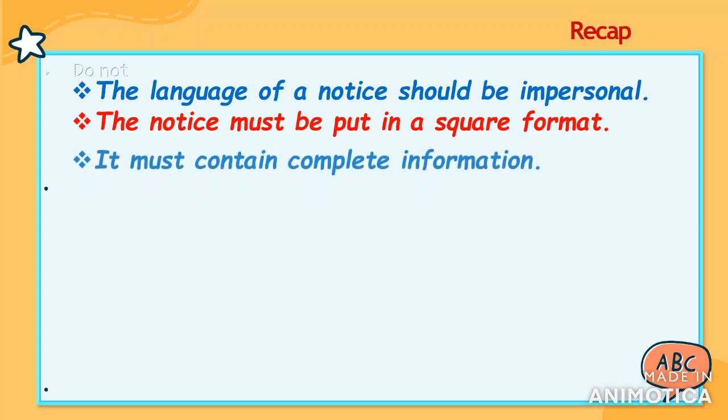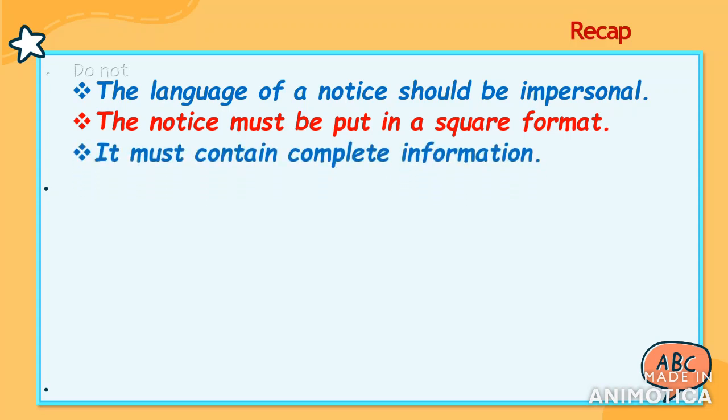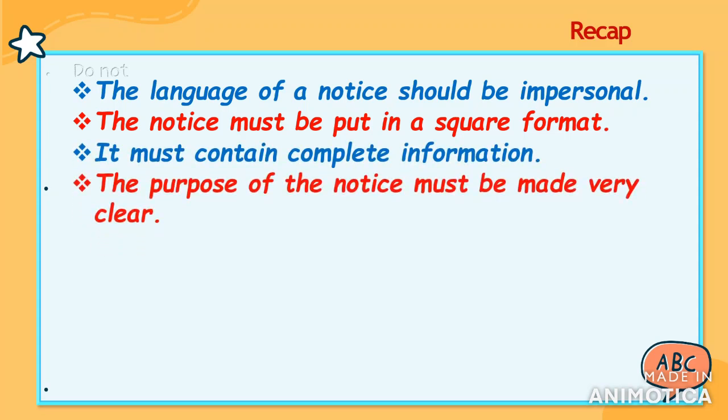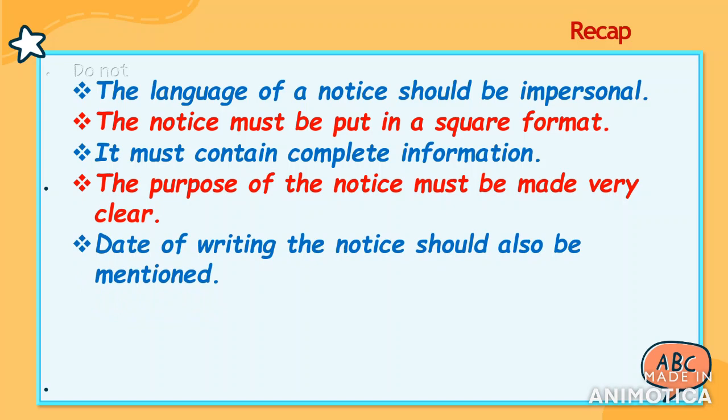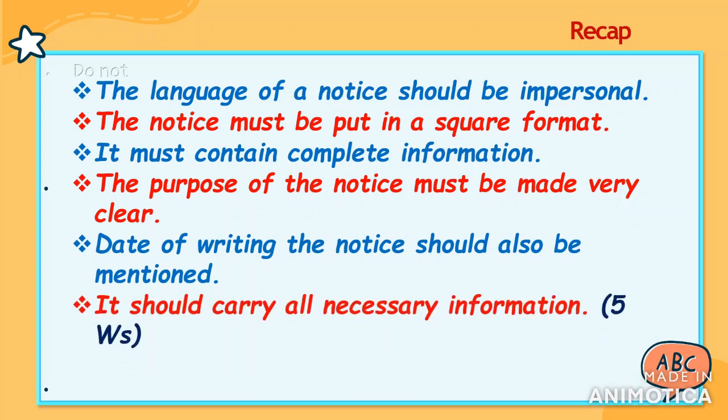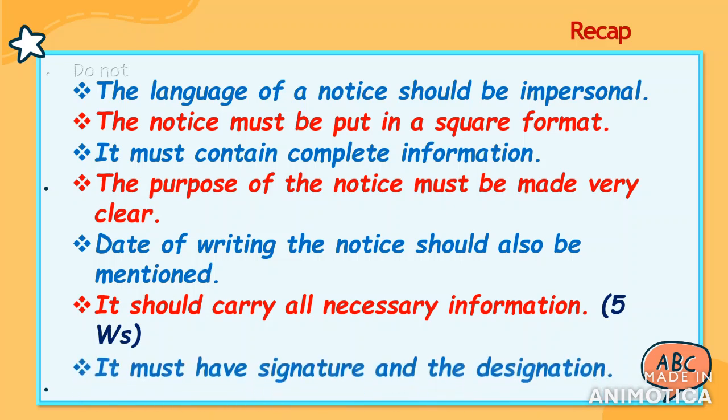The notice must contain complete information. The main purpose of the notice must be made very clear. The date of writing the notice should also be mentioned. It should carry all necessary information. That means it should answer the questions as to the 5 W's. It must have the signature and designation of the person who has issued the notice.